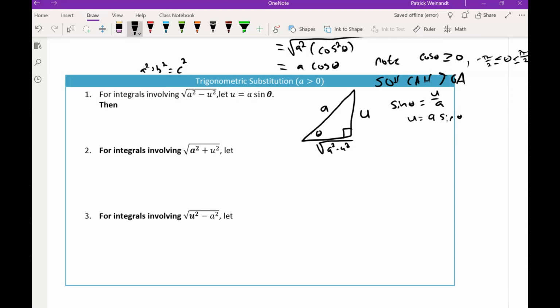Now, if that's the case, then this square root of a squared minus u squared, if we substitute that u in, we're going to get a squared minus a times sine of theta, squared.